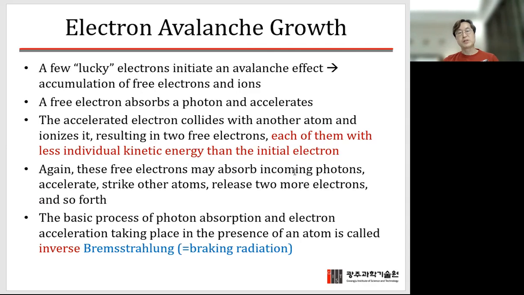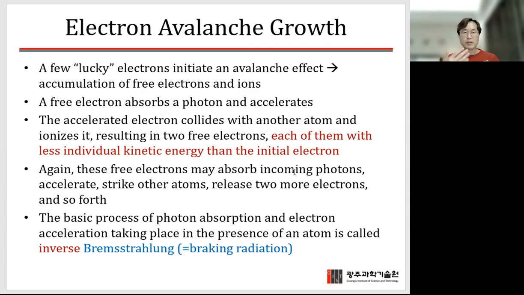What I mean is that once a single free electron absorbs energy from the laser, it has a high kinetic energy, hits the neutral atom, and makes a free electron and an ion. But those generated free electrons will have a lower energy compared with the initial incoming free electron.